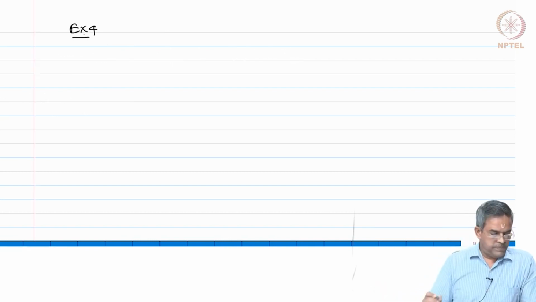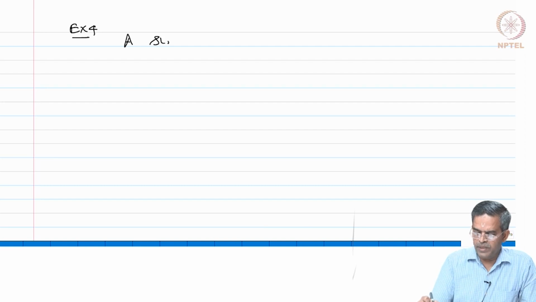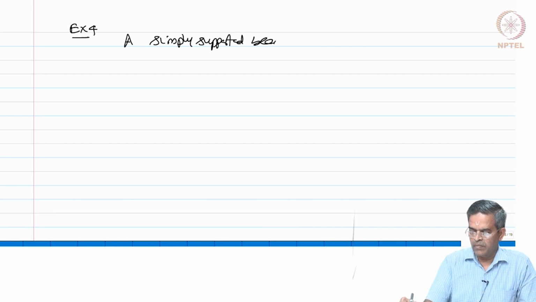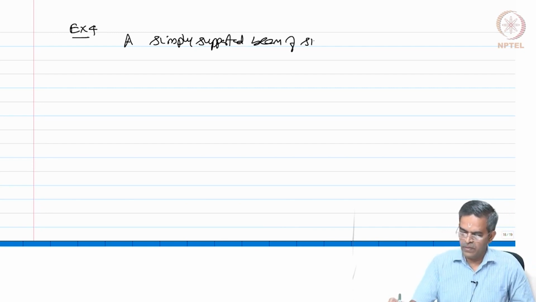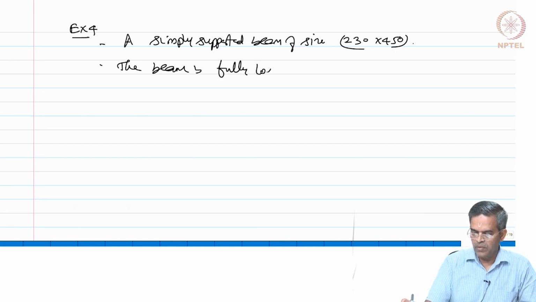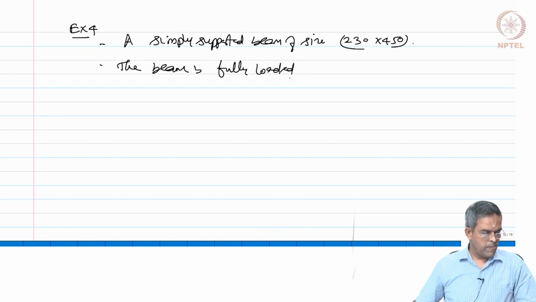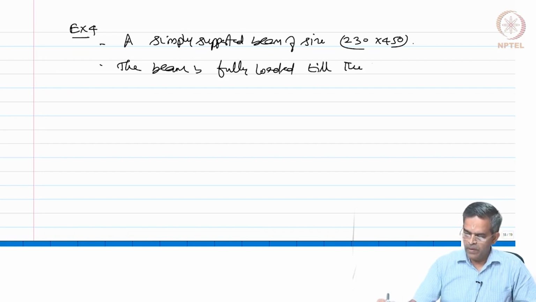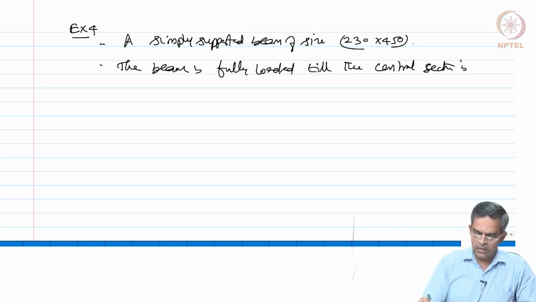It is a new example. We say I have a simply supported beam of size 230 by 450 in cross section. The beam is fully loaded till the central section is completely plasticized.